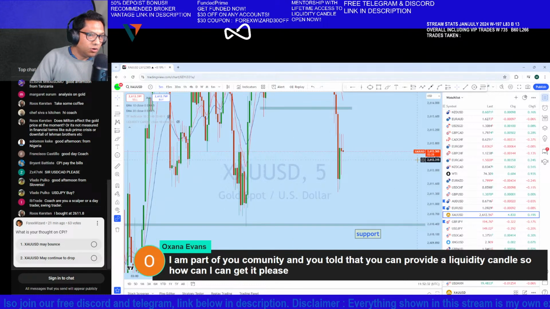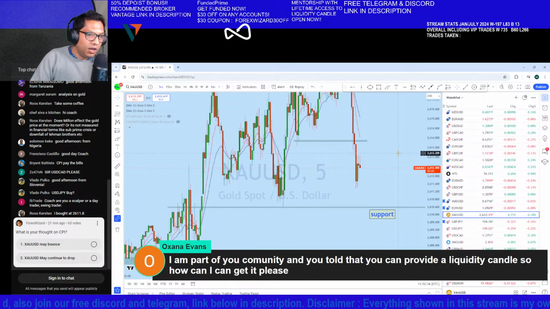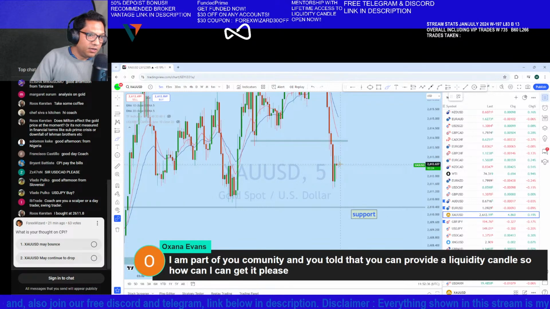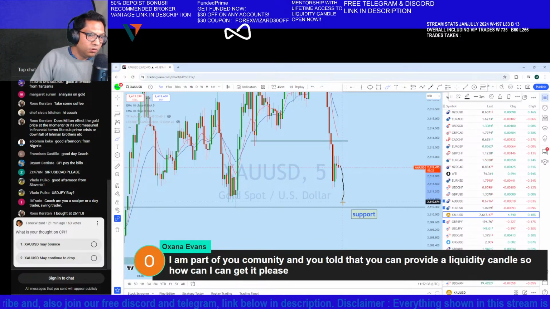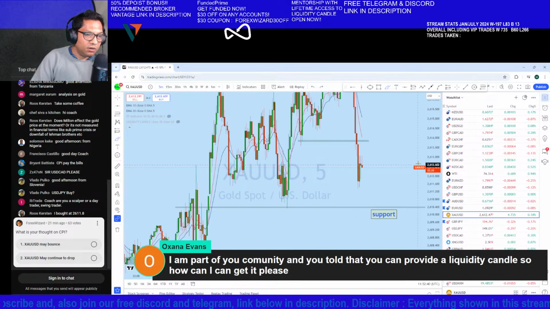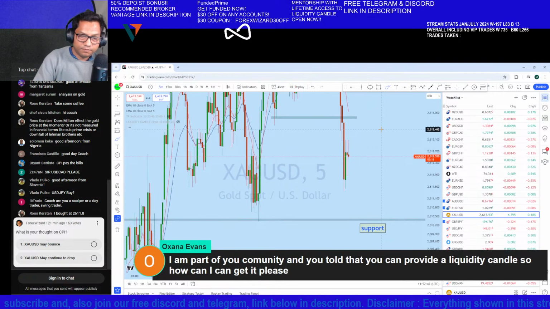There is a triple top formation on the 5 minutes, and we may see the price again breaking below the support. Let's see where it is heading.